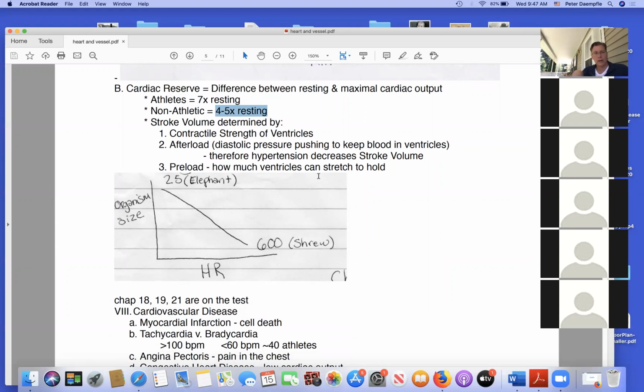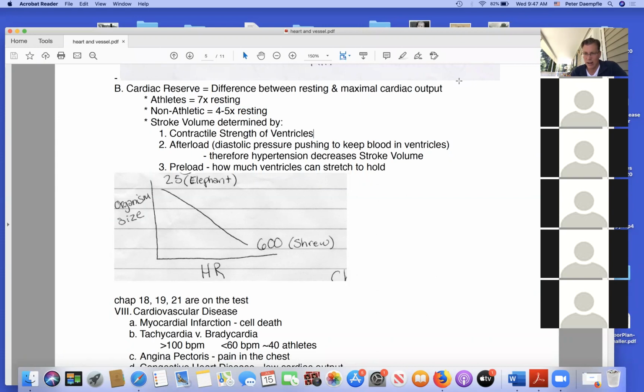If you want to really determine how well your heart's doing, there's 3 factors that determine cardiac output. Number 1 is the contractile strength of the ventricles. How strong is the ventricle? And as I said before, that's measured by ejection fraction. You can even put that word next to it. I'll put that in the chat room because it's an important word to remember if you're in the hospital. People will be impressed.